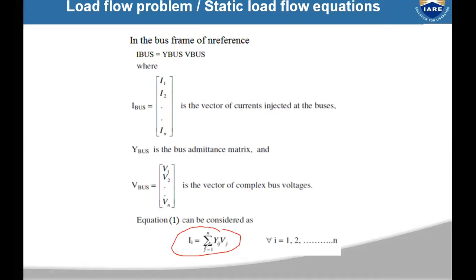Instead of j, I am taking k here, so you get the sum over k equal to 1 to n of Yik Vk. The notation changed in the next slide. This equation I am going to substitute in place of Ii. Move on to the next slide.